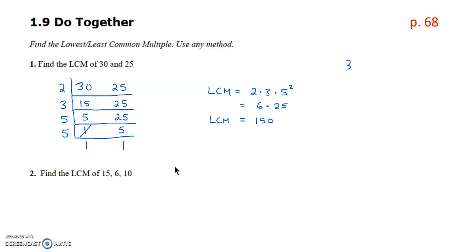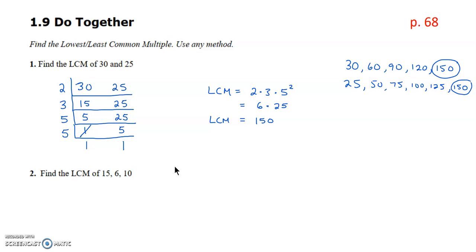Alternatively, you could do the counting, right? 30, 60, 90, 120, 150, 25, 50, 75, 100, 125, 150. This method also is working pretty quickly.